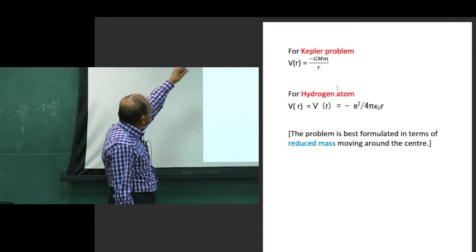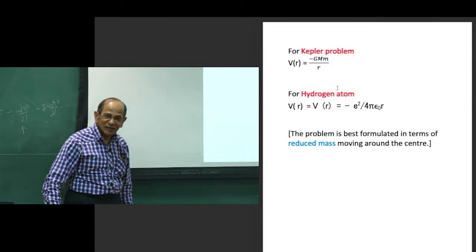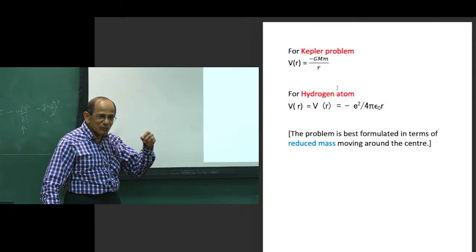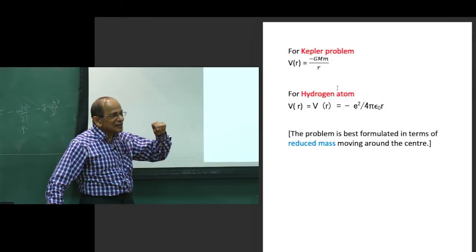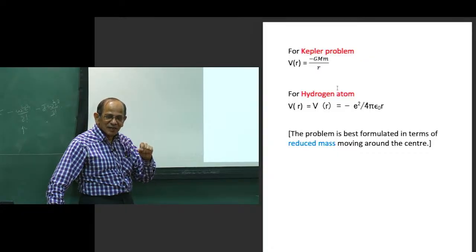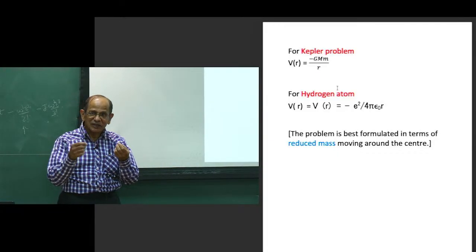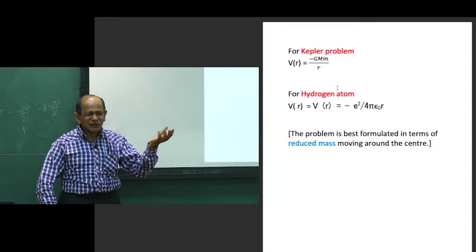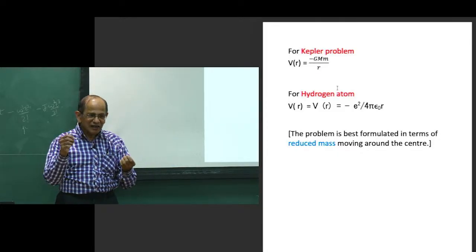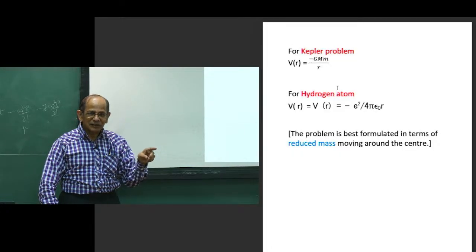Now, there is a little cheating here. This is not exactly what one does. One reduces the problem to a particle moving around another point, because if you consider, for instance, both proton and electron, proton is very heavy compared with electron, but it also is affected by electron.